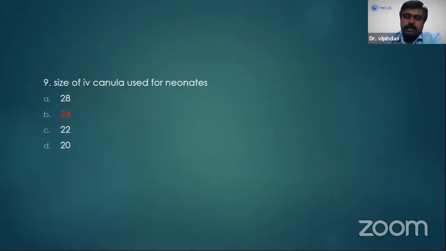Okay, so in a nutshell, you can come to the conclusion that IV fluids belong to basically two categories: crystalloids and colloids. Crystalloids may be needed in large volume because they cross the semi-permeable membrane, and since they cross it, the fluid may not stay intravascularly for a long time.